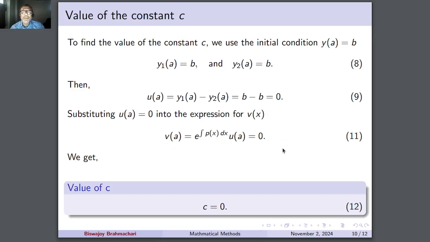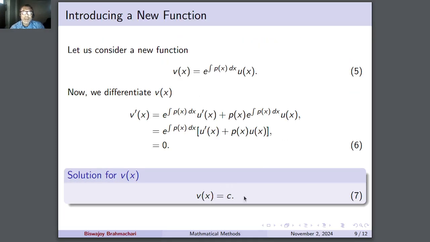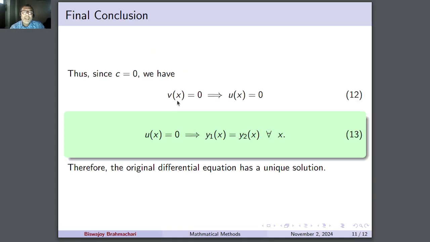If v of a is 0, that means the constant is 0, because v of x is constant. So v of x, which is e to the power integral p of x dx times u of x, is equal to 0. But the exponential part cannot be 0, so u of x must vanish.